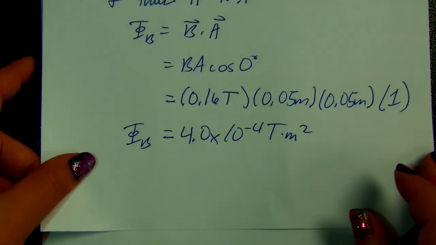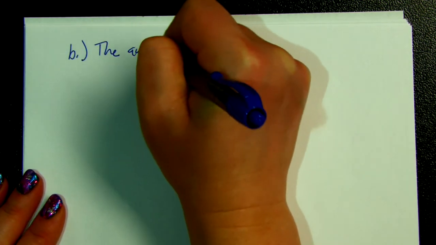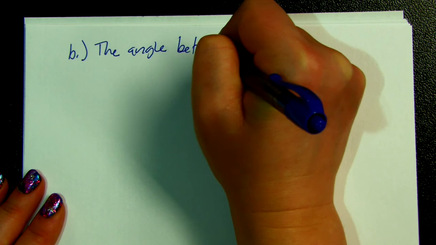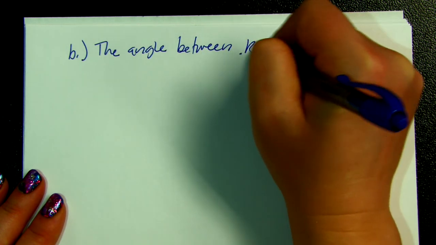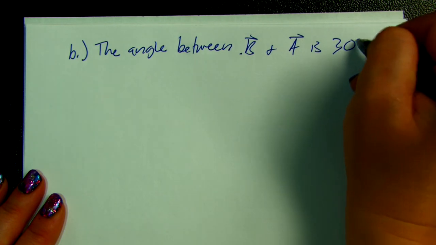All right, so moving on to part B. The angle between B and A is 30 degrees.